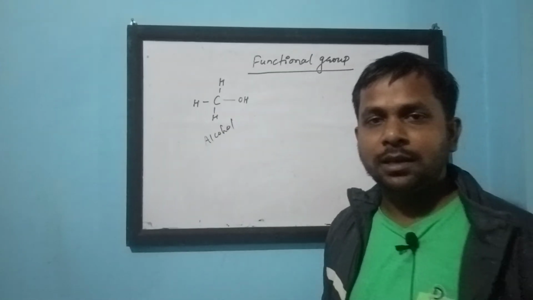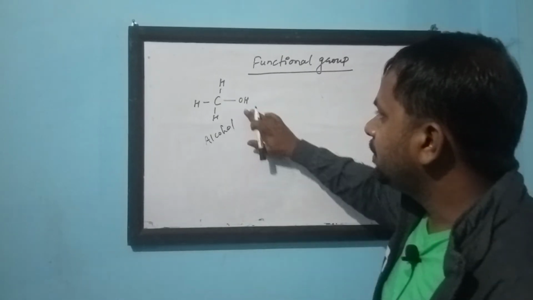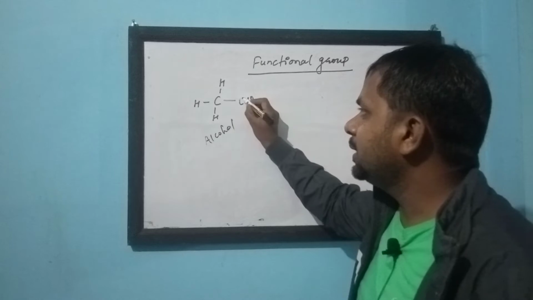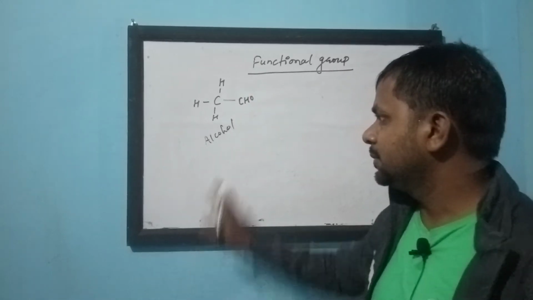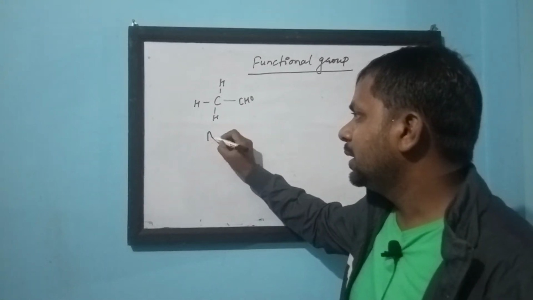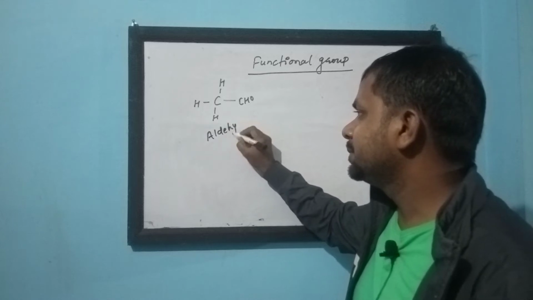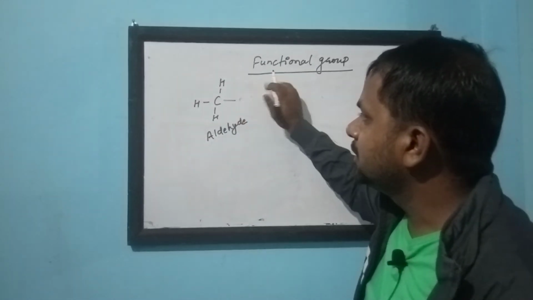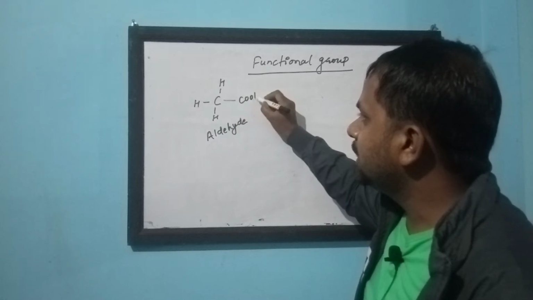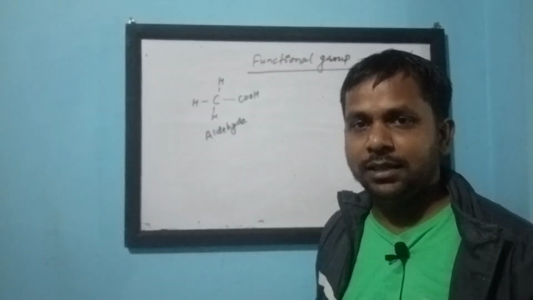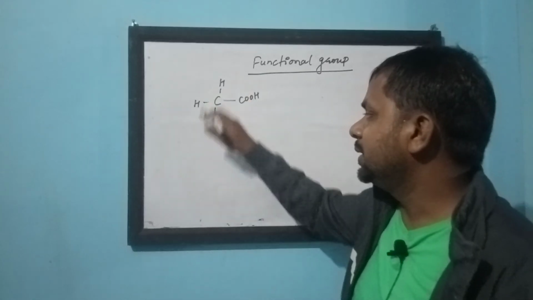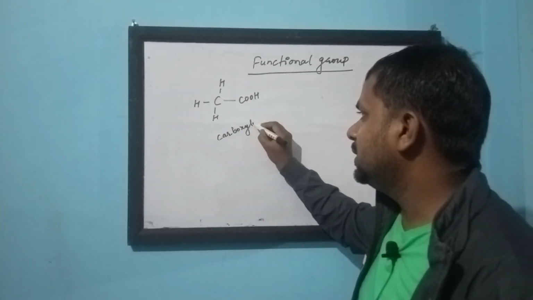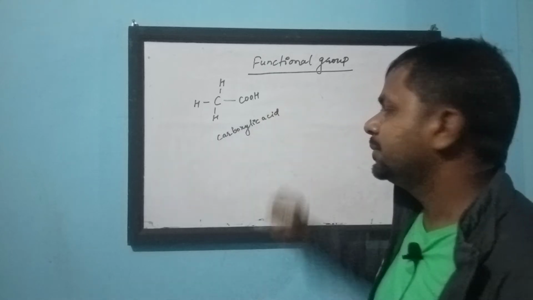If at the place of OH, CHO group came and attached here, then this compound will be aldehyde. If here COOH group came and attached here, now this compound will be called carboxylic acid.